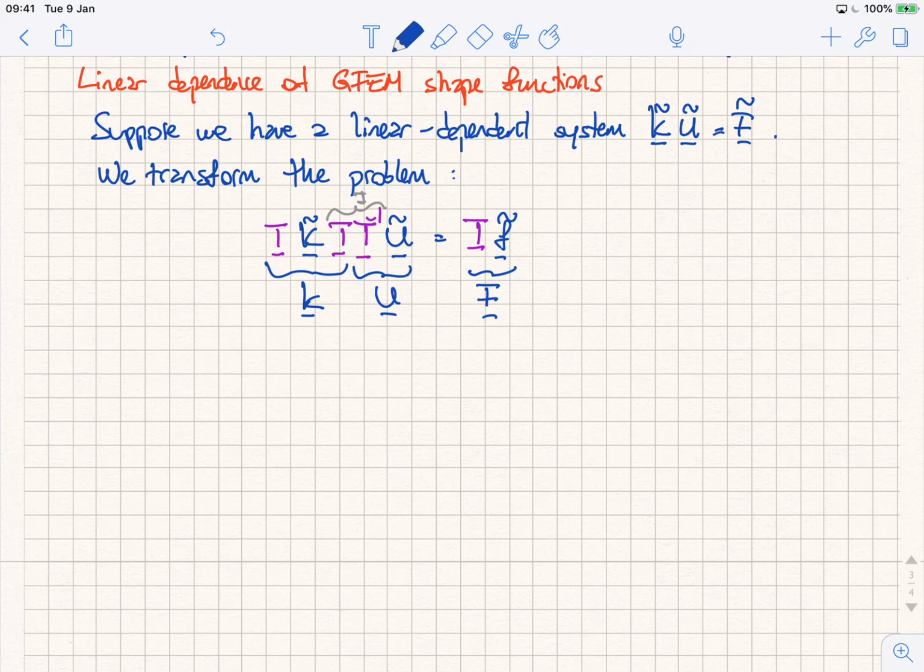So if you define that T matrix, Tij is equal to the Kronecker delta divided by the square root of Kij, that basically means that the new Kii in your system is equal to Kii divided by the square root of Kii times the square root of Kii, and this is equal to 1.